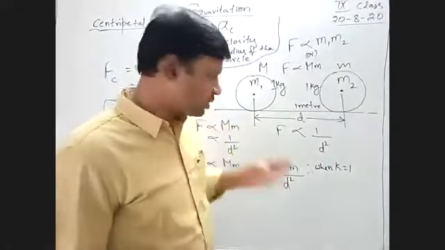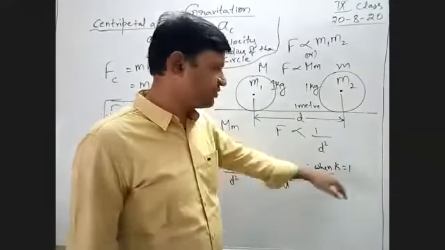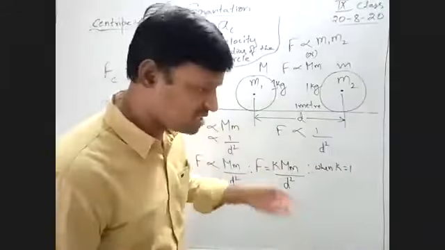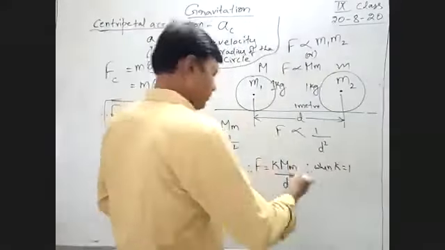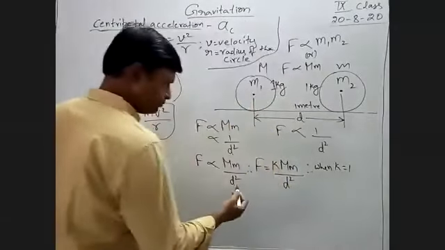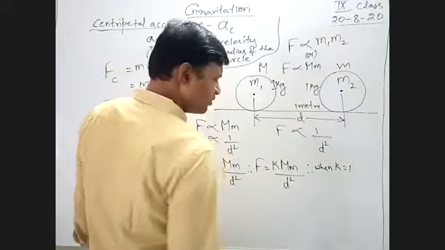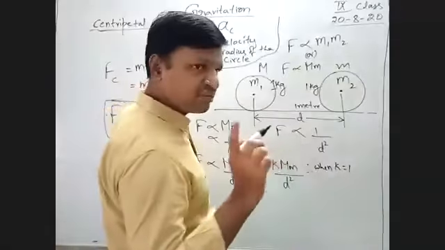Since k is a constant, when k equals 1, F is equal to m1 m2 by d square. This constant is represented with another alphabet.